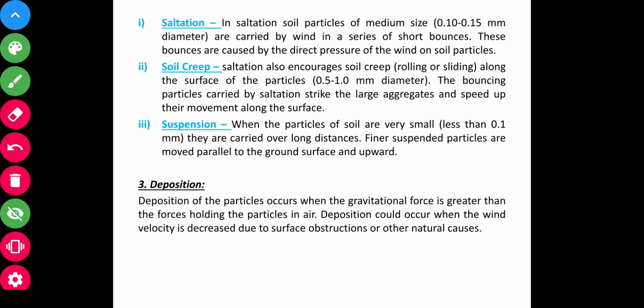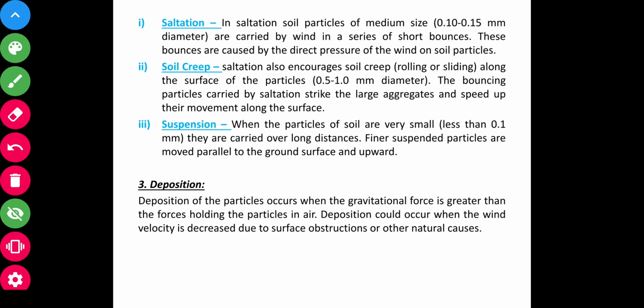Saltation also encourages soil creep by rolling or sliding along the surface of the particles ranging from 0.5 to 1 mm diameter. The bouncing particles carried by saltation strike the large aggregates and speed up their movement along the surface.